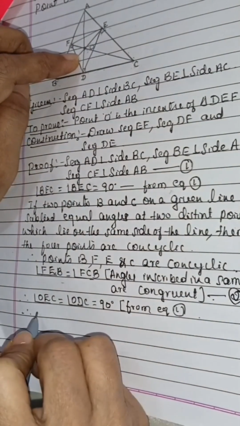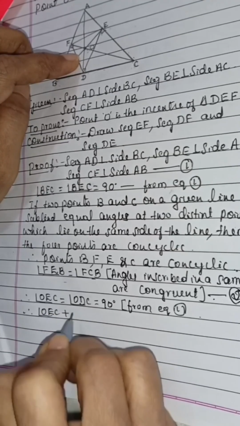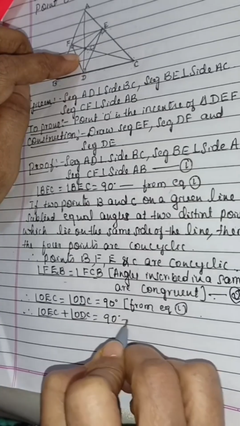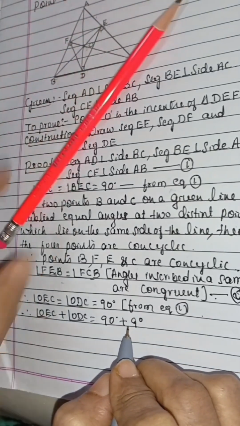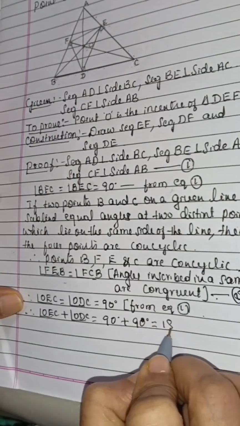Therefore, angle OEC plus angle ODC makes 90 degrees plus 90 degrees. This is 90 degrees, this is also 90 degrees, that is 180 degrees.